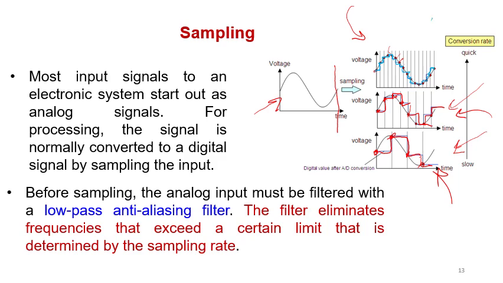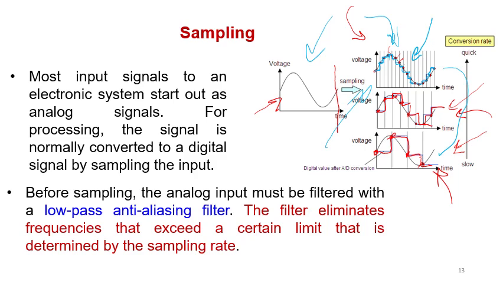So I can say these discrete values are representing the sinusoidal wave in a better way. The best way to represent the analog signal is this one, with this frequency. Of course, it's not always possible for me to go to this much frequency. All of them are fine, but this is the best.